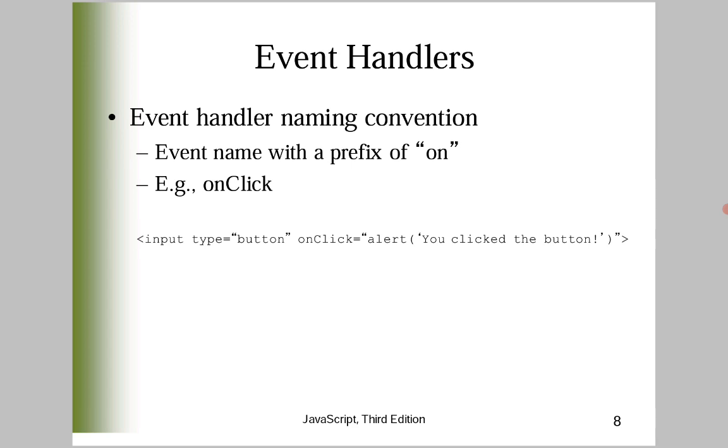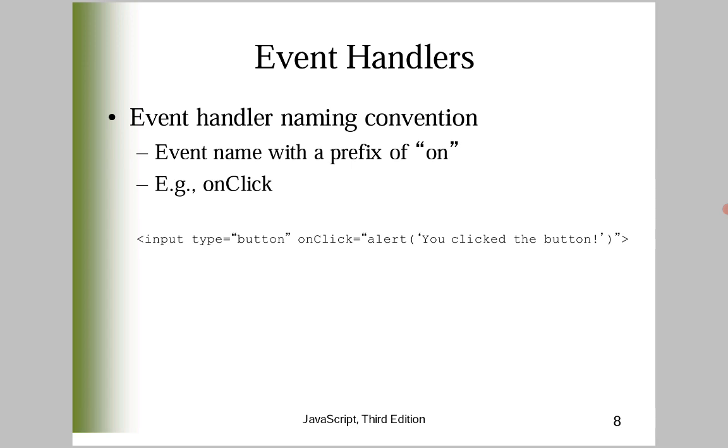So a simple example is input type equals to within quotes button, which is used for a submit button. Onclick is the code: onclick equals to within quotes some JavaScript code or some JavaScript function.